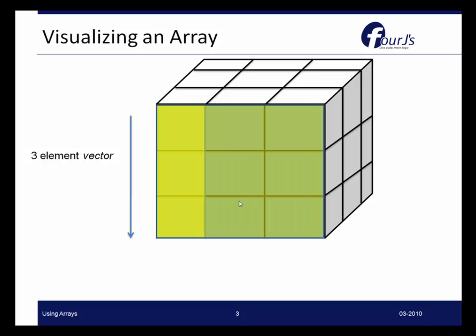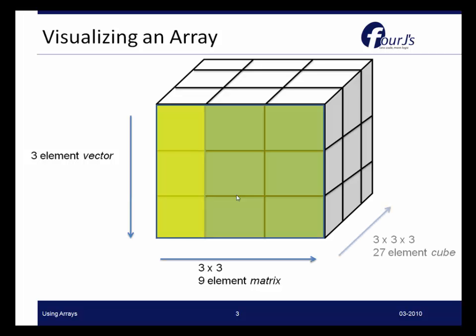One face of the cube would be considered a two-dimensional array or a matrix. It has 9 elements, or 3 times 3. The cube itself is a 3-dimensional array, and it has 27 elements if we're looking at each of the cells here in the cube representing one element in the array.